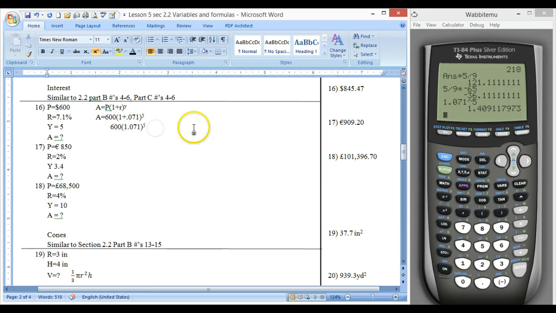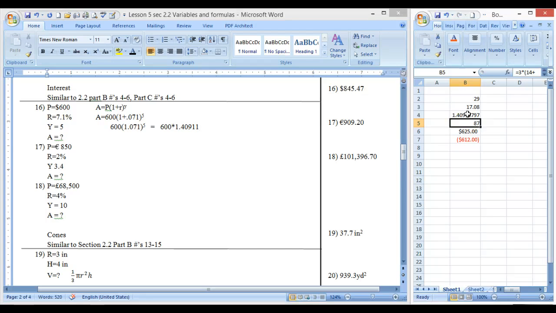So my next step, I'm just going to put an equal sign here because I'm kind of running out of room. So I still have that 600, and I need to times that by 1.4009, and it goes out for a while. I wasn't told how far to go out on this one, so I'm going to keep it in my calculator or my computer screen without rounding it.